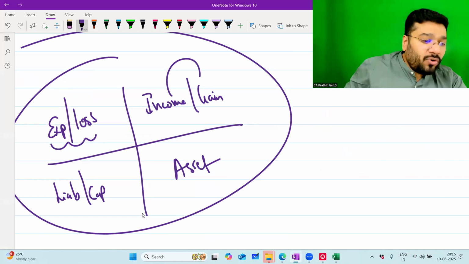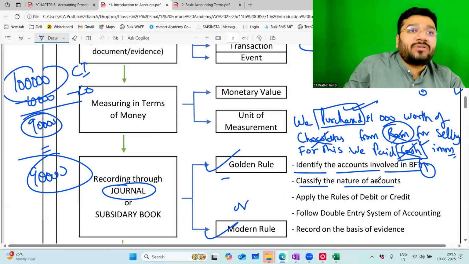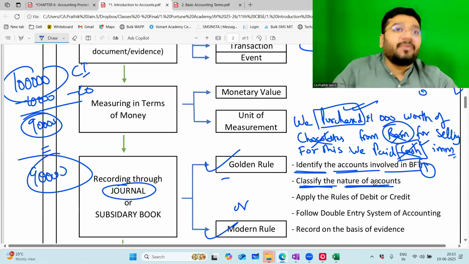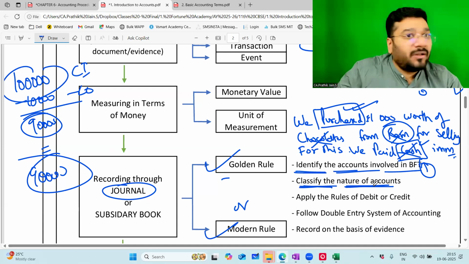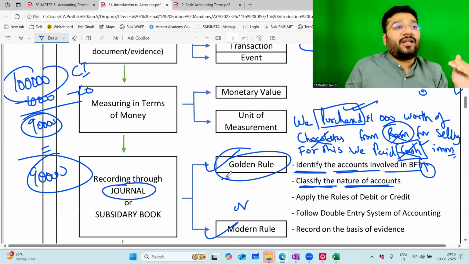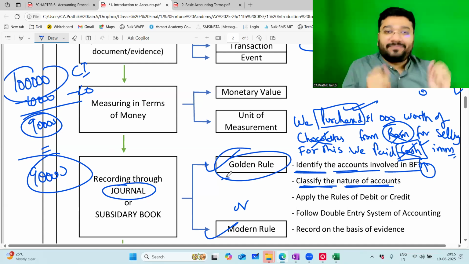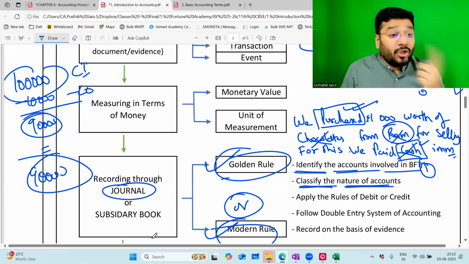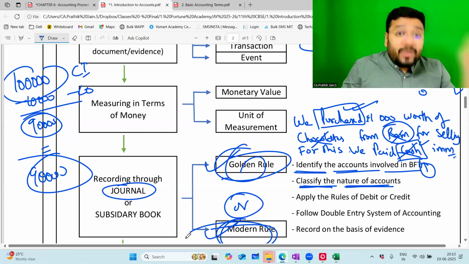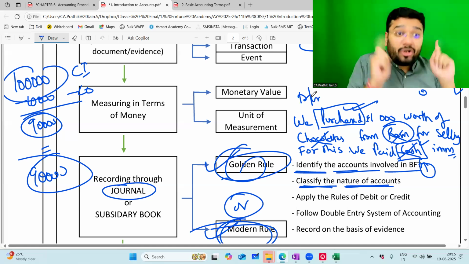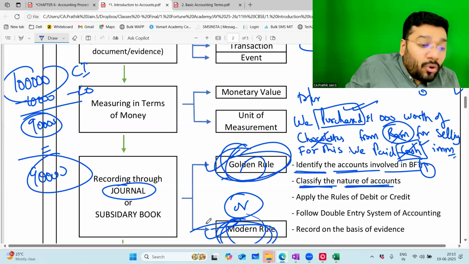4 items. So as soon as you identify the accounts involved, you are supposed to classify the nature of accounts, whether it's asset, liability, capital, income or gain, or expense or loss. Once you classify them, you apply the golden rule or the modern rule to decide whether the account should be debited or credited. The purpose of the golden rule and modern rule is to decide which account should be debited and which credited.